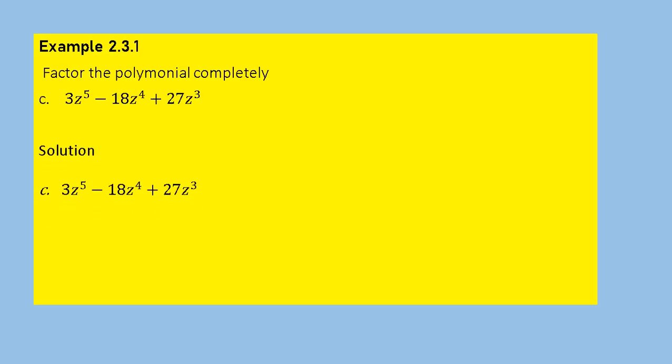Another example, 3z to the power of 5 minus 18z to the power of 4 plus 27z cubed.